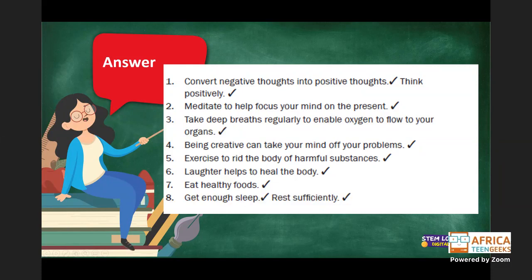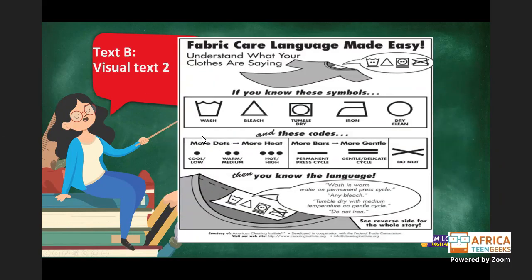We have a bit of time now to continue with our visual text. This is based on section A of paper 1. We've done the comprehension already, so now we focus on visual text.